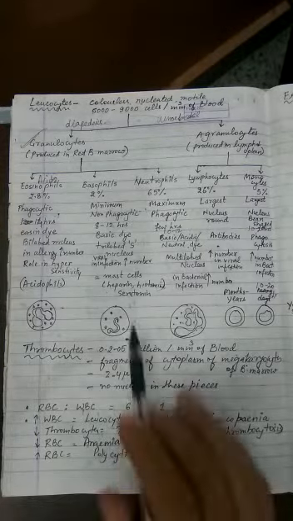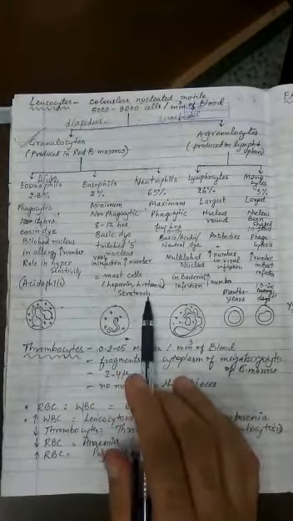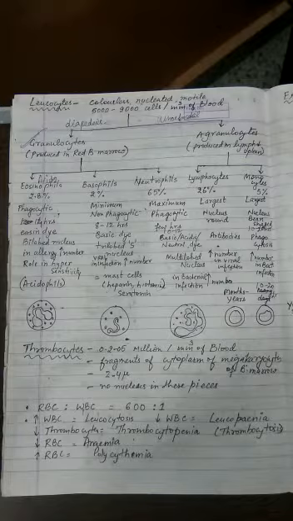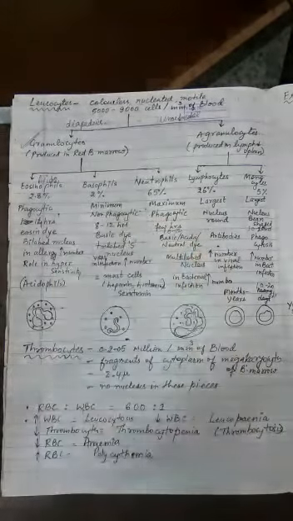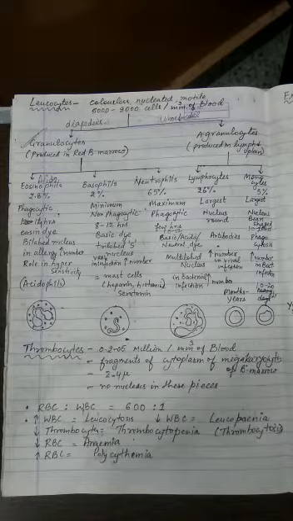So the role of mast cells was to release heparin, histamine and serotonin. So that means whenever there is defense going on, whenever there is infection going on, or whenever there is healing and wound healing going on, all those things are controlled by the basophil cells. So these cells are just like the mast cells of the connective tissue, releasing heparin, histamine and serotonin.